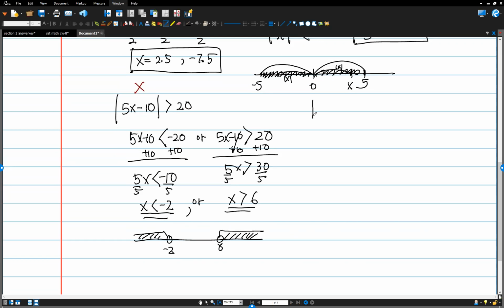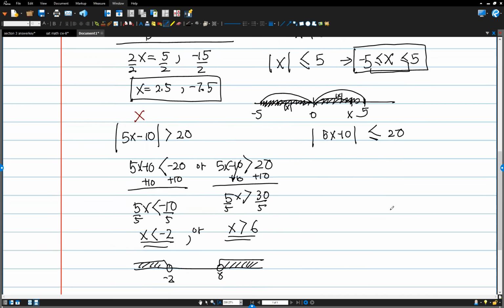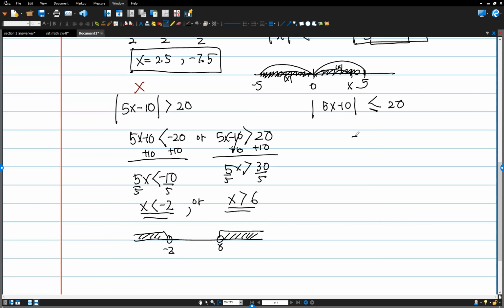Now I'm going to try this with less than 20. Less than or equal, doesn't matter. Less than 20, we did already, between two numbers. One is positive, the other one is negative: less than 20, but greater than negative 20. That's the solution. You have to memorize how the solution set looks, but you can solve this at the same time.